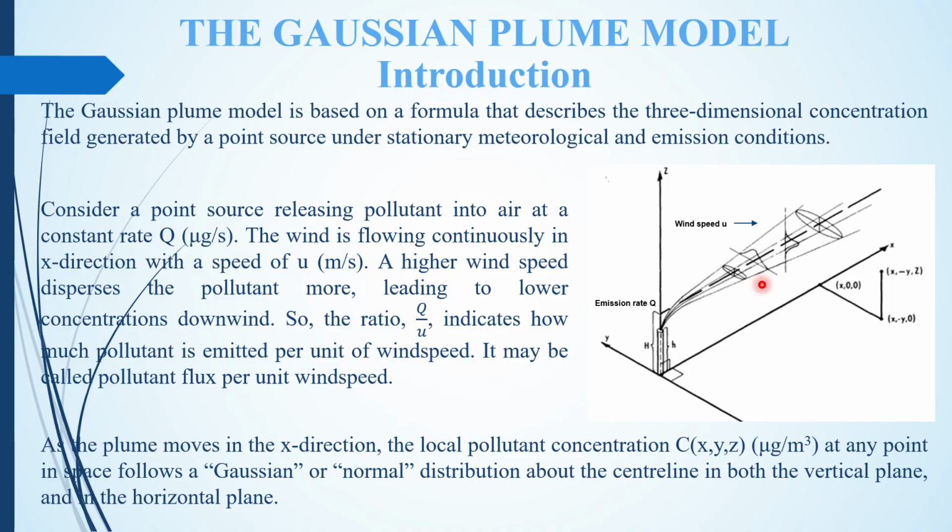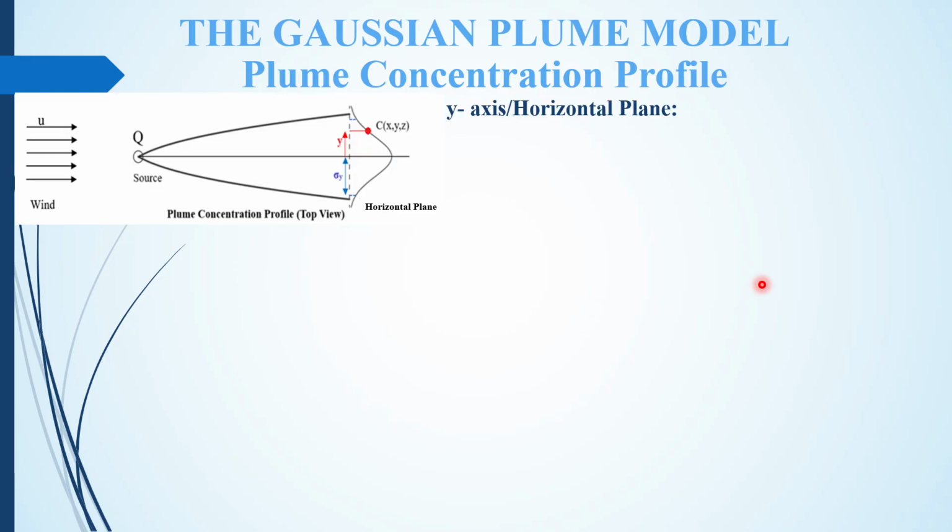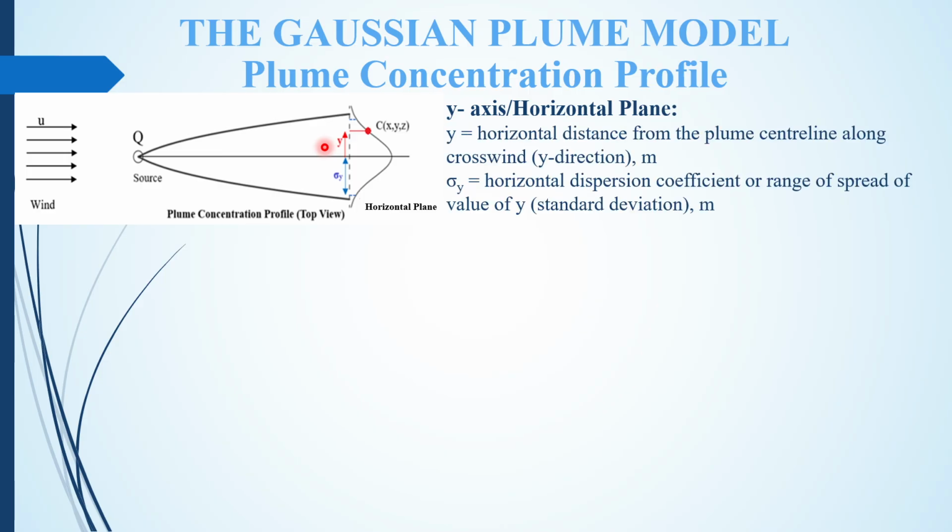So we now see first the profile shape in the horizontal plane. This is a top view of the plume concentration profile. Wind is blowing in this direction, and this is y, that is the horizontal distance from the plume center line along crosswind, and this is sigma y, the horizontal dispersion coefficient or standard deviation.